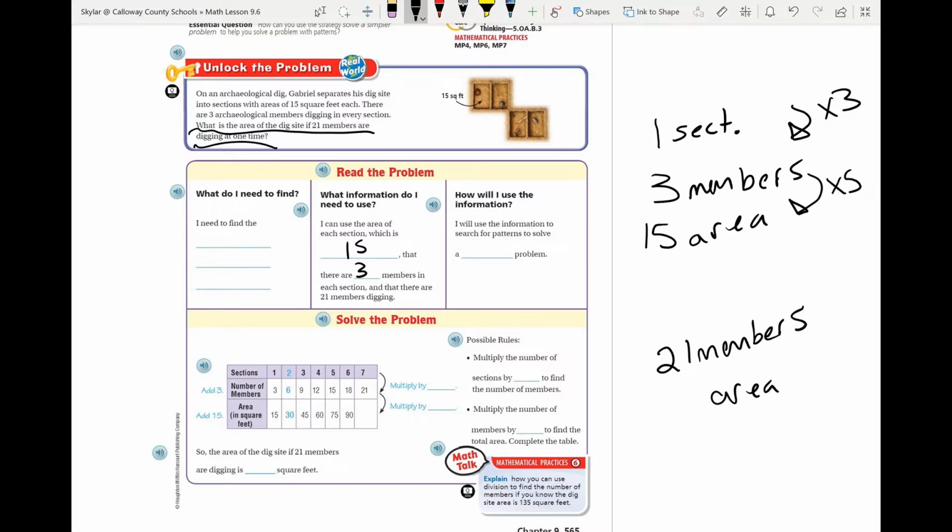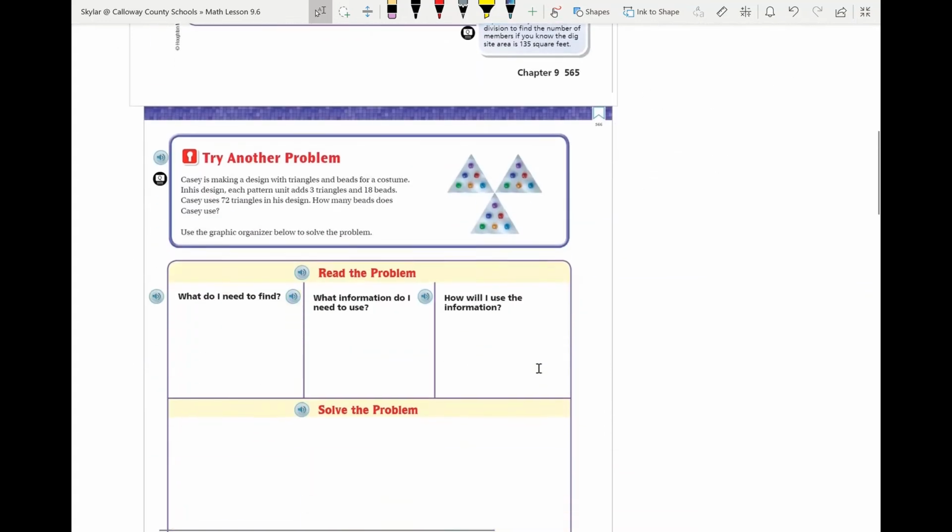Well, if we look up there, we said members times 5 equals area. So you'll have to do 21 members times 5 to figure out what your area would be. And that'll give you 105. So 105 is what's going to go in that chart. I know we didn't fill in all those blanks, but we answered them. I just didn't write them down. I did answer them with you though.